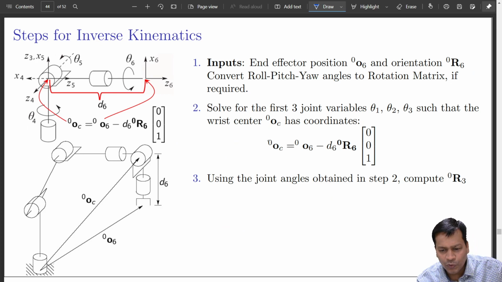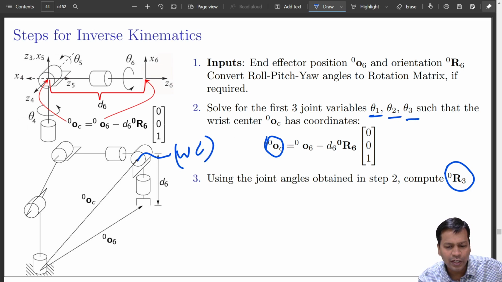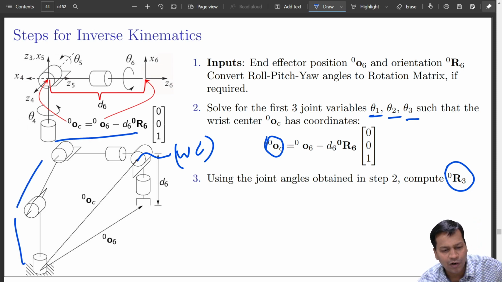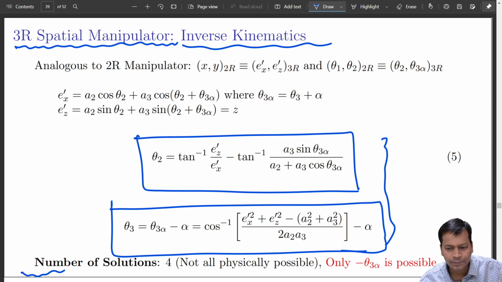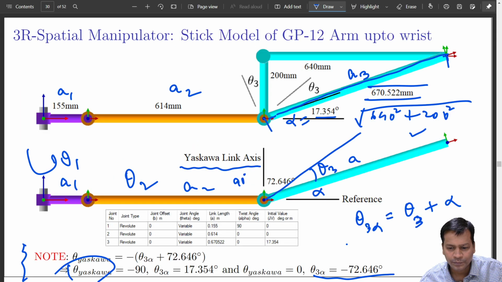So now you know the wrist center point. Using that, what can you do? If you know the wrist center point, you can get theta 1, theta 2, theta 3. Just now I told you the first three axes can be solved. That we did a moment before over here. This was my robot.